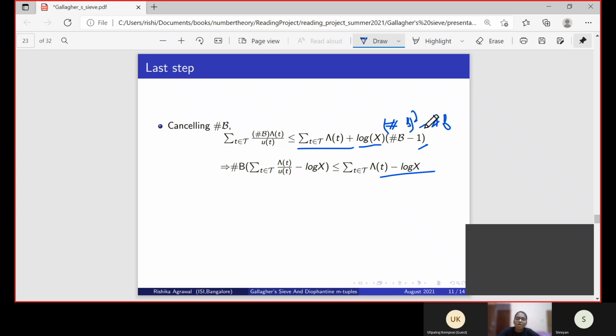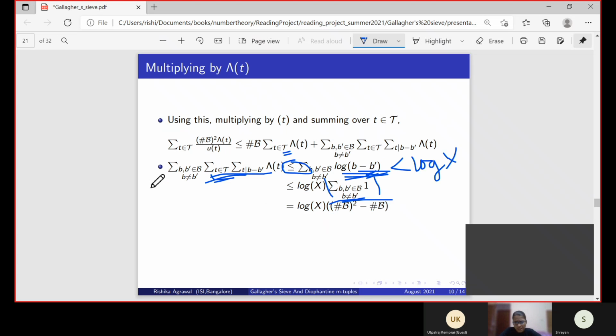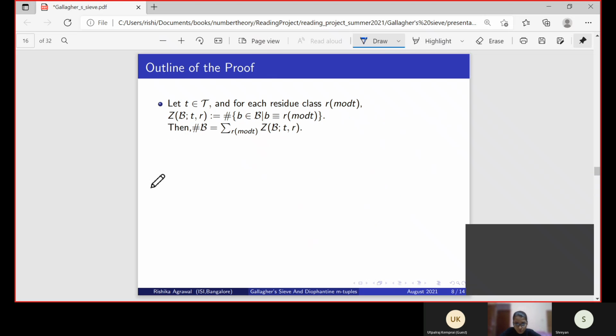Okay, so now having size of b on the left side and bringing this to the right side, we will get size of b is less than or equal to summation t belonging to T lambda t minus log x over summation t belonging to T lambda t over ut minus log x. Okay, so this was the expression that we wanted to prove.